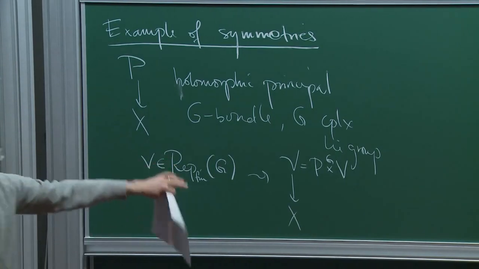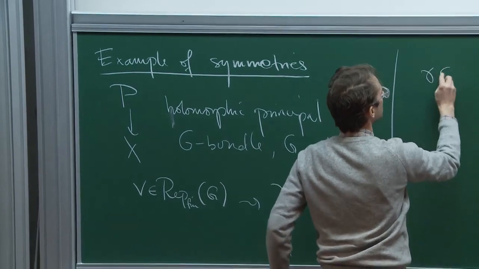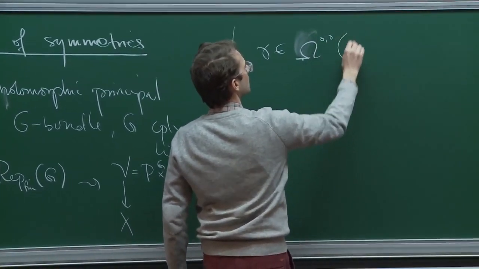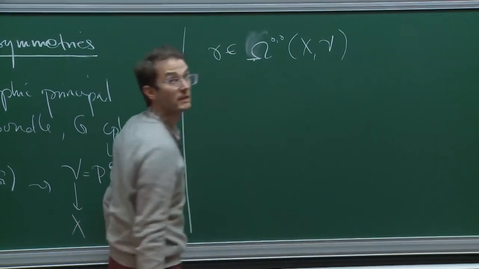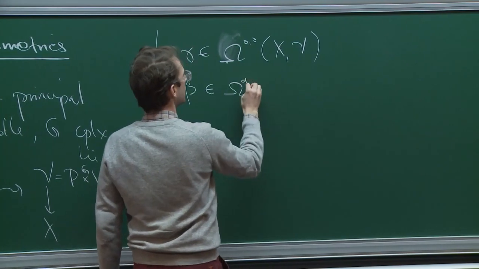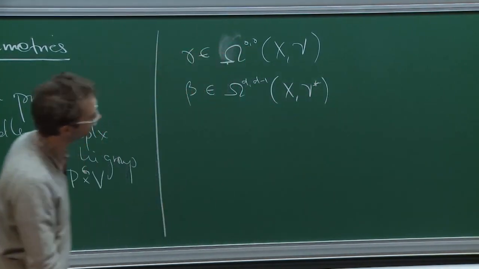And now I'm going to have my fields be sections of this bundle. So gamma now will be a section with coefficients in V. And beta will be a d minus 1 form in the dual bundle.